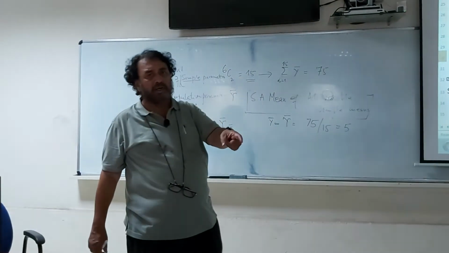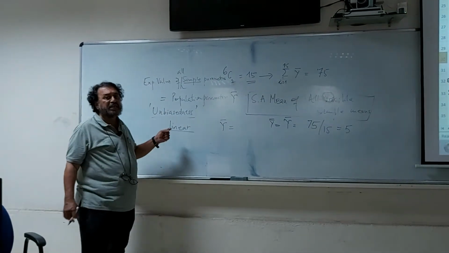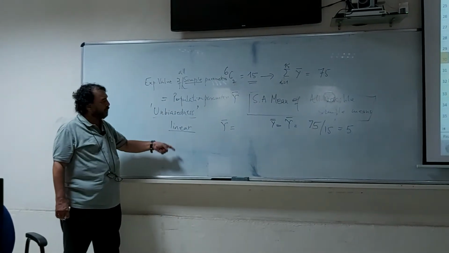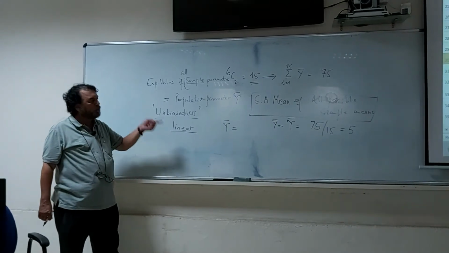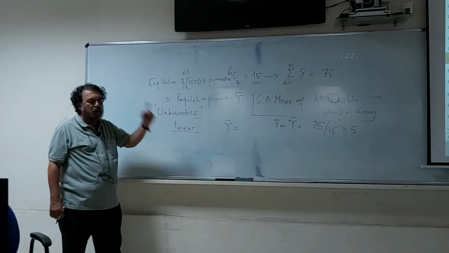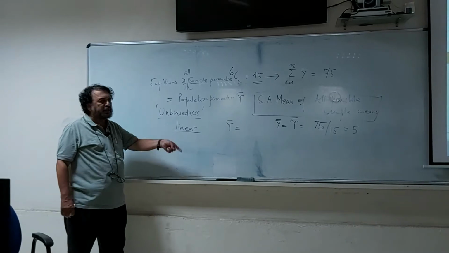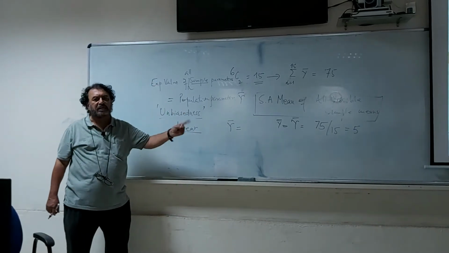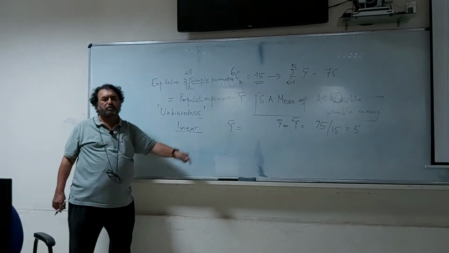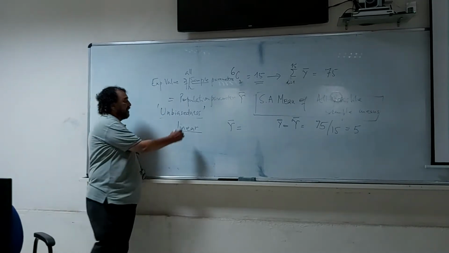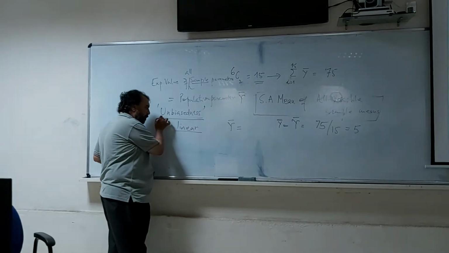So as an estimator, as a formula, it's linear in nature, and it has the property that if we use that formula repeatedly across all samples of a given size, the expected value of all sample results is necessarily equal to the population mean or population parameter. Hence, it is said to have the property called unbiasedness.